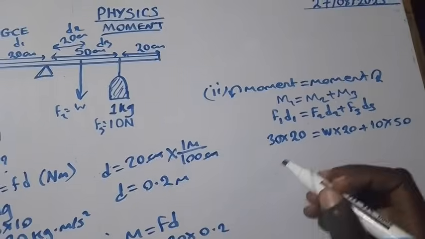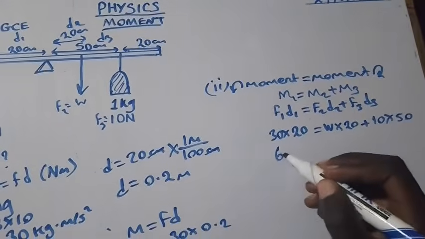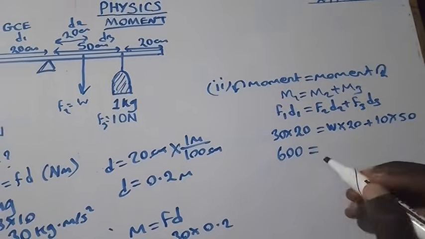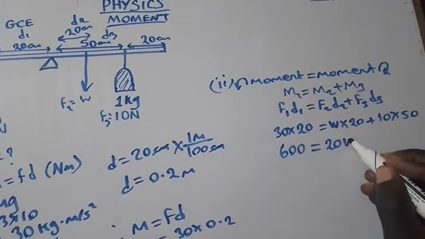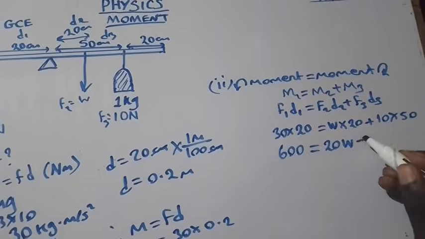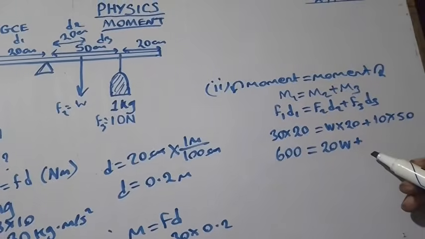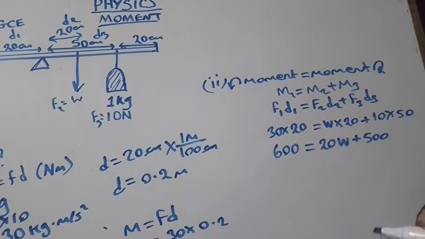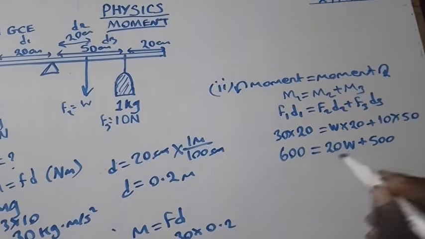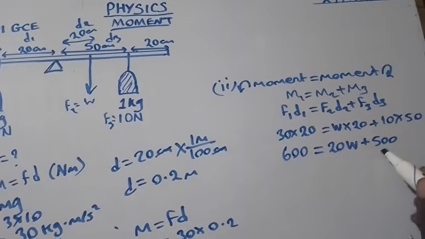So 30 times 20 we are getting 600, which is equal to W times 20, it's 20W, plus 10 times 50, it's 500.